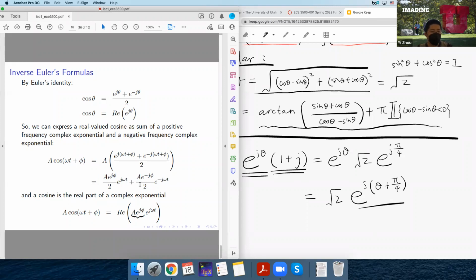This one plus its conjugate term. So basically, any cosine signal can be decomposed into two complex exponential signals. One has a frequency omega, the other has frequency negative omega. And we will see that this is basically the idea of Fourier transform later.